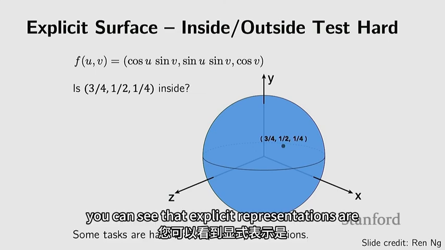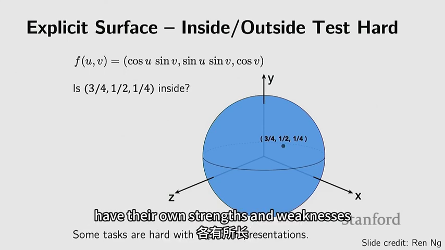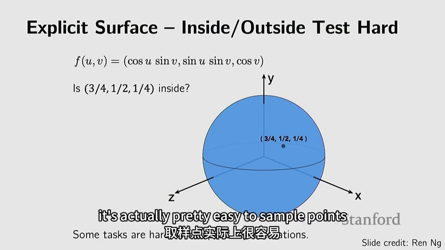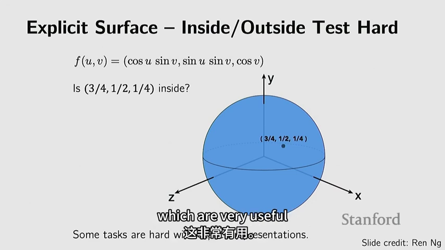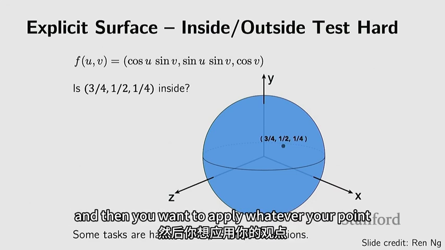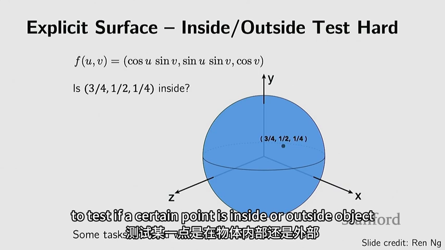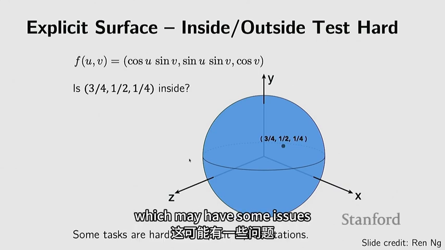So you can see that these representations have their own strengths and weaknesses. For explicit representations, it's pretty easy to sample points, which is very useful because sometimes you want to convert them into a collection of points and then apply your point neural networks on it. But it's hard to test if a certain point is inside or outside the object, which may cause issues.